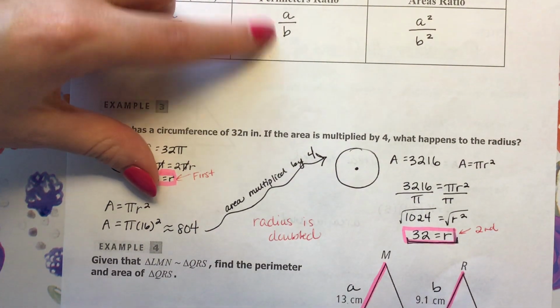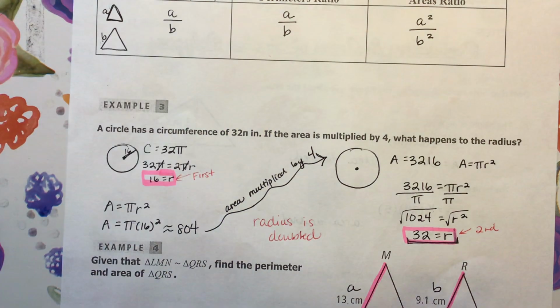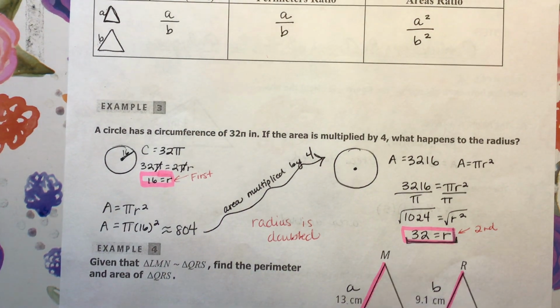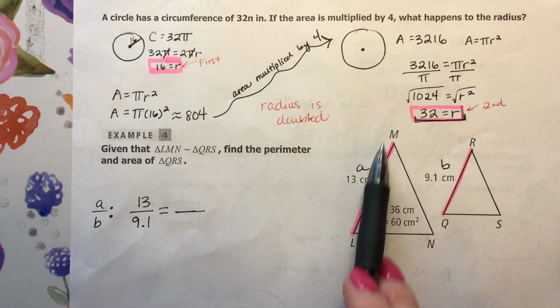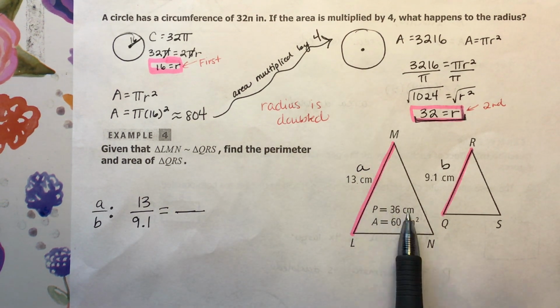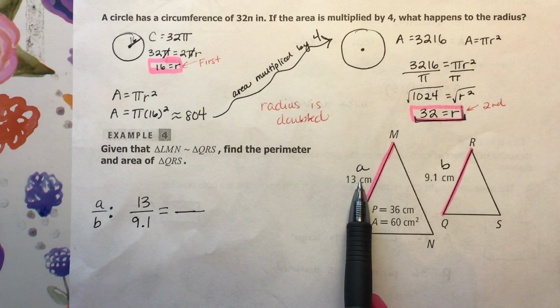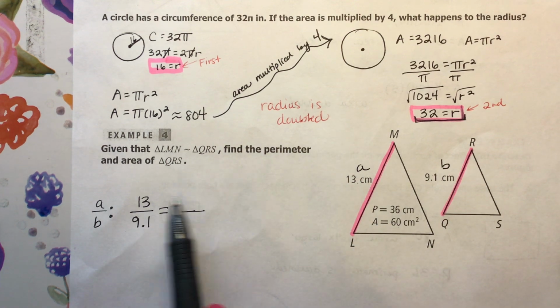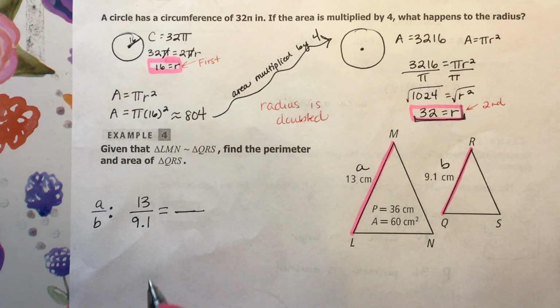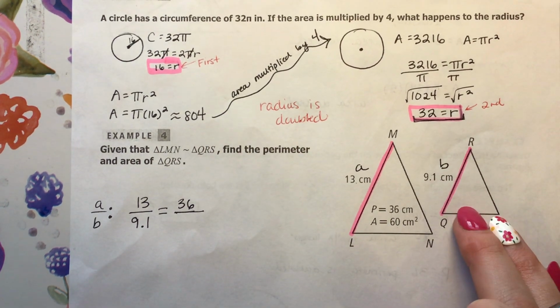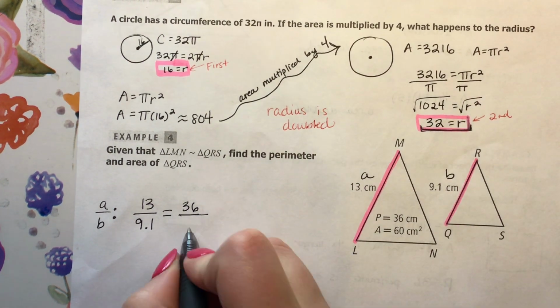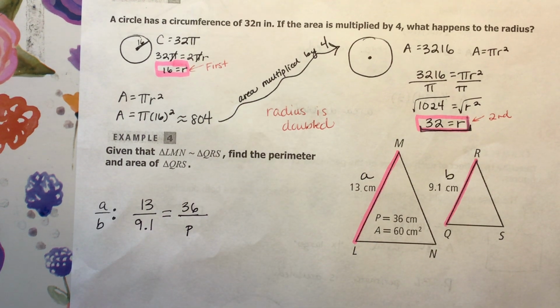Well, our perimeter ratio says that A over B is going to equal A over B, essentially. Because the 13 corresponds with the big shape and the 36 for the perimeter also corresponds with the big shape, I'm going to put both of those on the top of my fraction. So I have 36 here. What I don't know is the perimeter of the small shape, so I'm just going to put a little p right here.